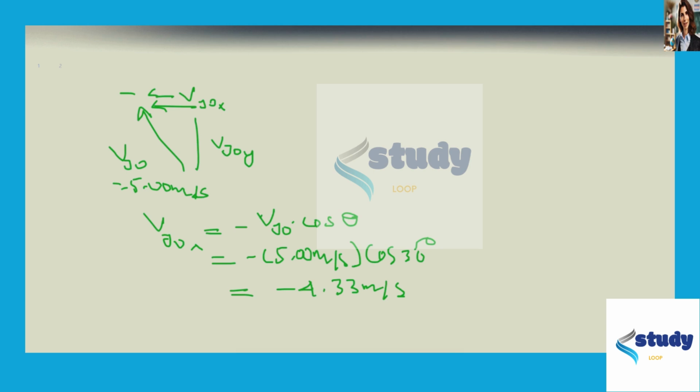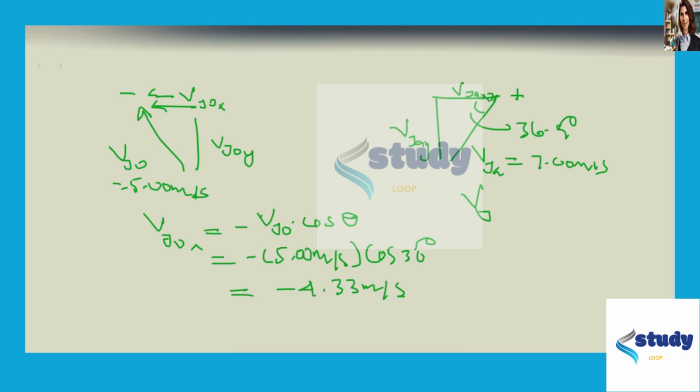Then we do the same thing for Jane. Going towards the right, this angle is 36.9 degrees. Jane's velocity happens to be 7.00 meters per second. This is Jane's velocity in the x, and this is Jane's velocity in the y.